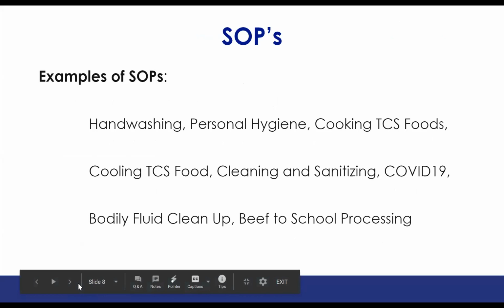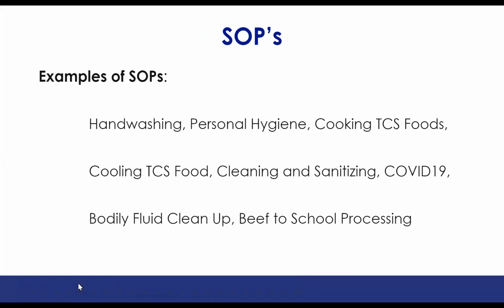Some examples of the HACCP SOPs are hand washing, personal hygiene, cooking TCS foods, which is time and temperature control for safety foods, cooling the TCS foods, and cleaning and sanitizing. We have COVID-19 SOPs. We created those when we first started this March.